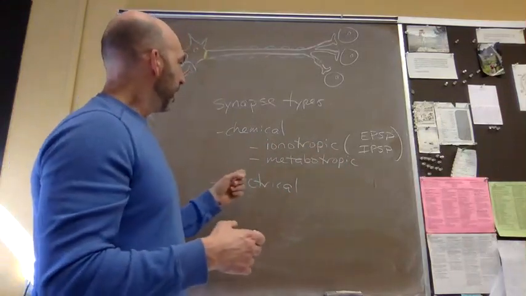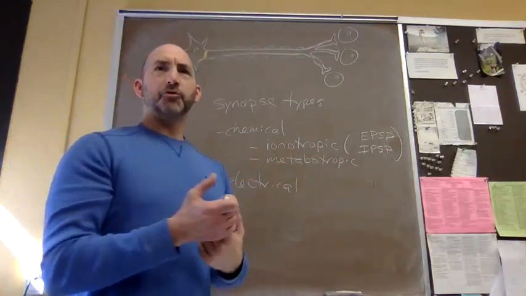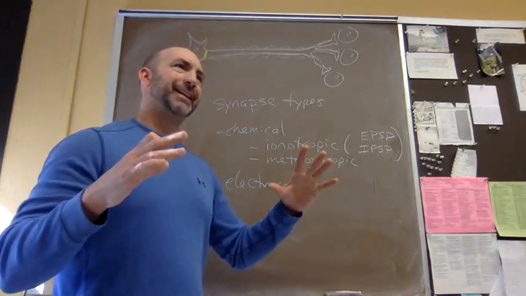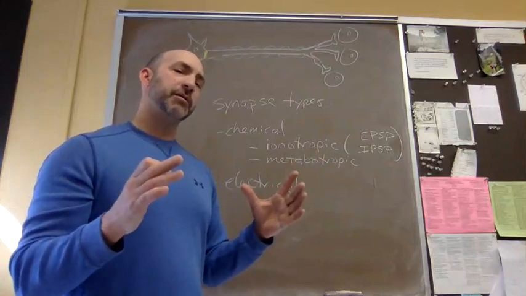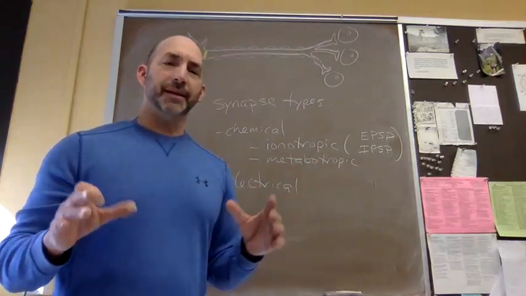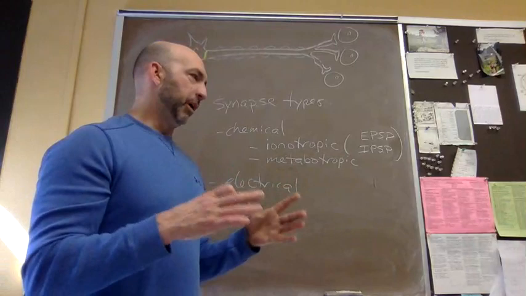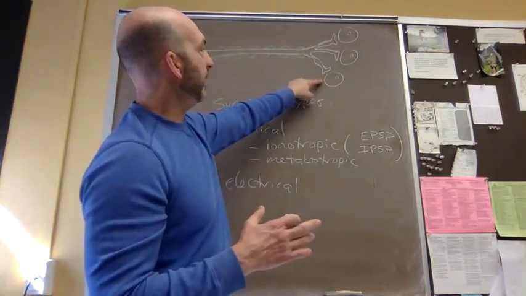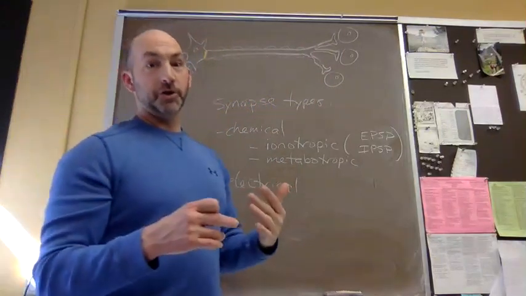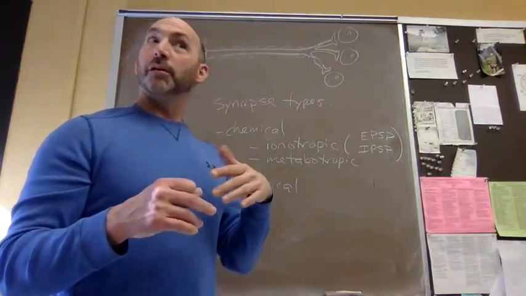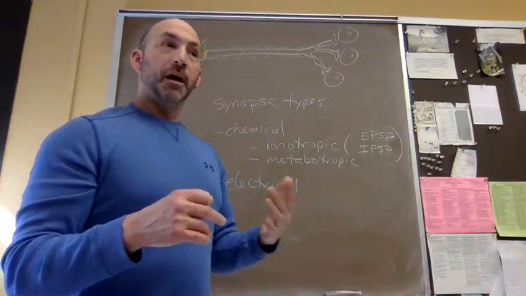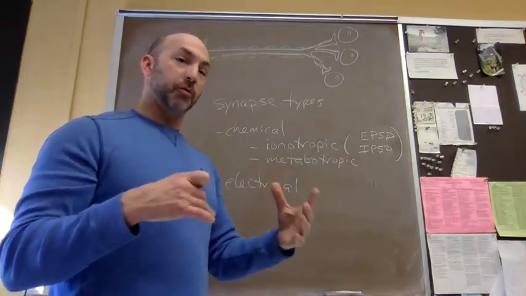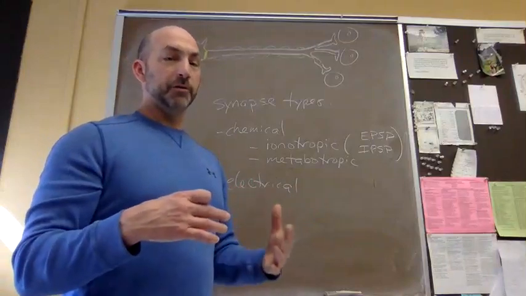Okay. Metabotropic is just an example. Metabotropic receptors are involved in changing the connectivity between cells, and that's really important for things like memory. In memory, we want to change the connectivity here, and what that means is we actually want to change the number of receptors in the membranes of these cells so that they'll respond more or less to a particular neurotransmitter.